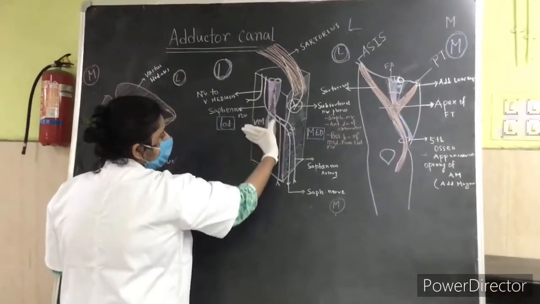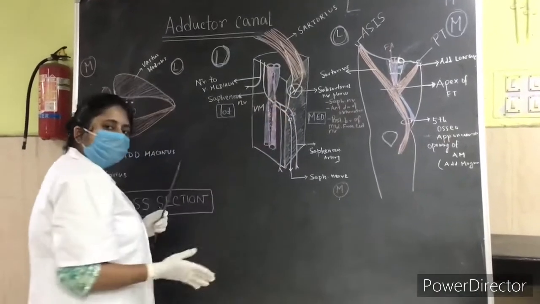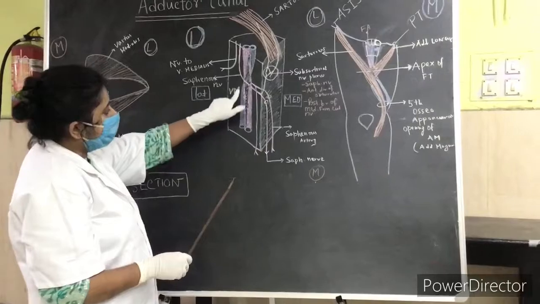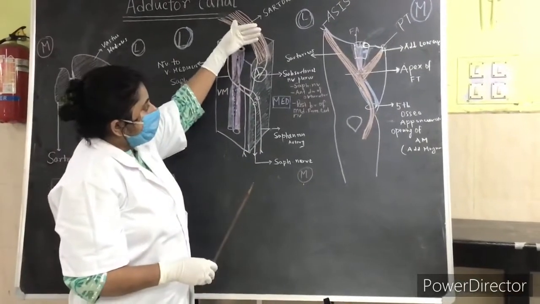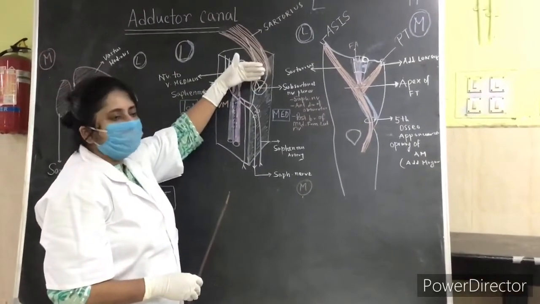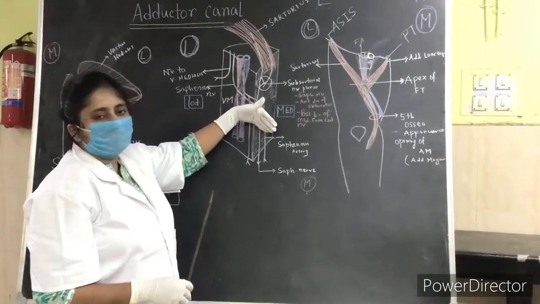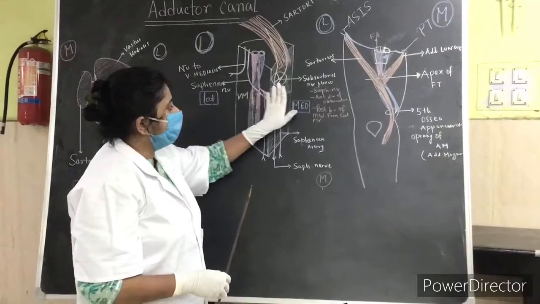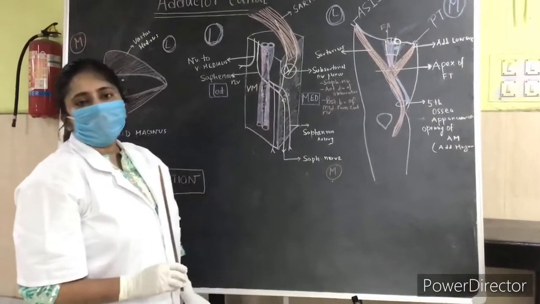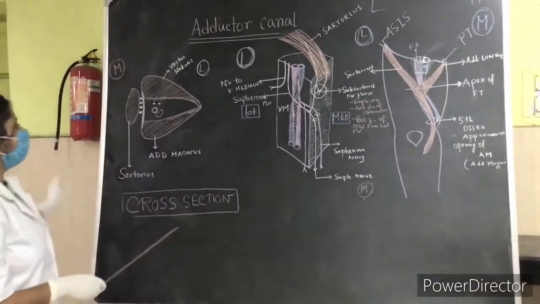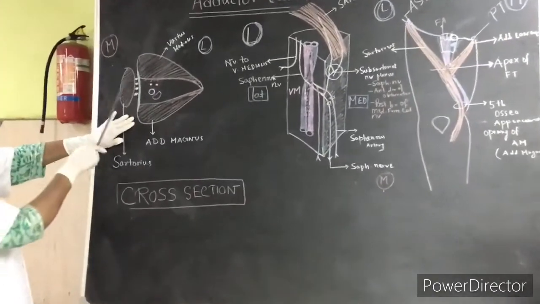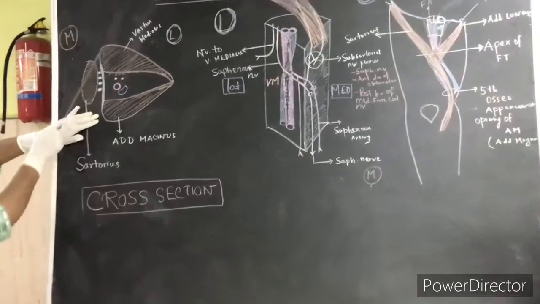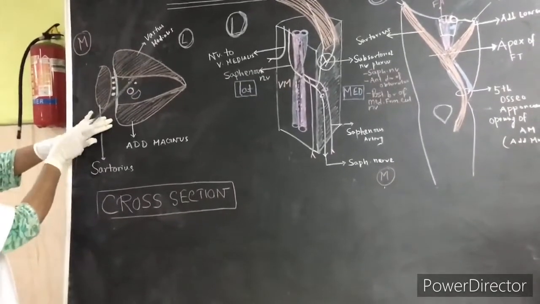This is one, the anterolateral boundary, and another is the floor of the adductor canal. Two muscles are involved. One is vastus medialis, another is adductor. In this section, if you see from above, we can see that this is the vastus medialis muscle.